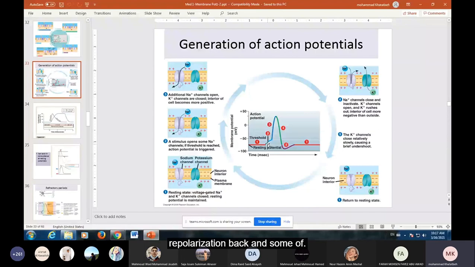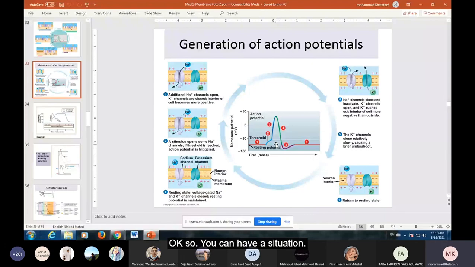Some literature calls these potentials, which can develop without reaching the threshold to generate the whole action potential, sub-threshold potentials. Some others call them graded potentials that can develop over these membranes.